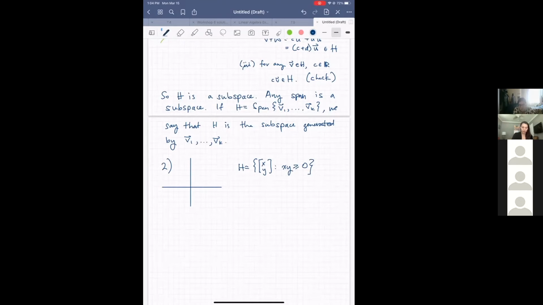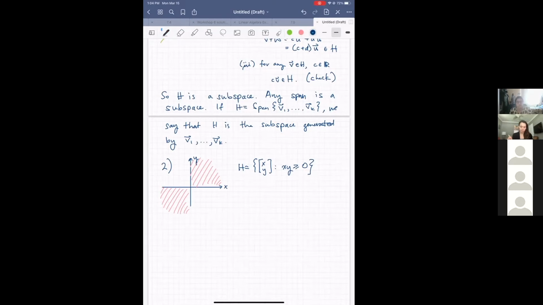If we want to graph it out on our space over here, if x times y is greater than or equal to 0, that means either x and y are both positive or they're both negative, right? So if this is my x-axis and this is my y-axis, that means that you're either in the first quadrant where both x and y are positive, or you're in this third quadrant where they're both negative. So that's the space that is described by this.